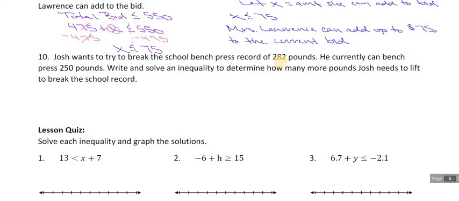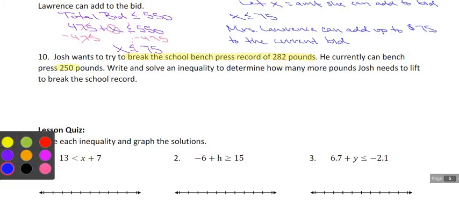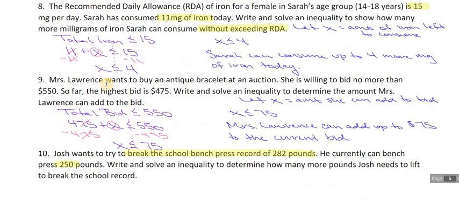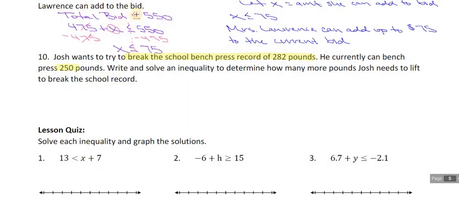He currently can bench 250. Write and solve an inequality to determine how many more pounds Josh needs to lift to break the school record. So we're going to still follow the same general principles as we did in 7, 8, and 9, but now we just have to use a different inequality symbol.